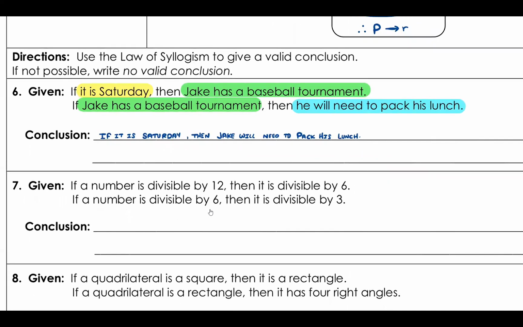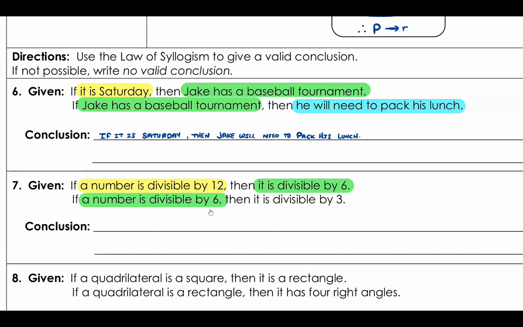All right. Our next one. What's our original hypothesis? A number divisible by 12. It is divisible by 6. The next one's got to be a number is divisible by 6.